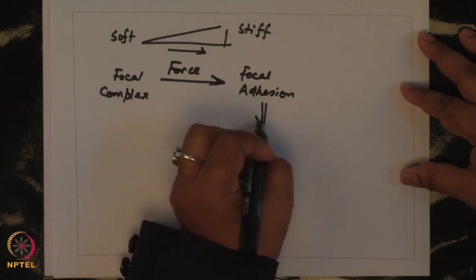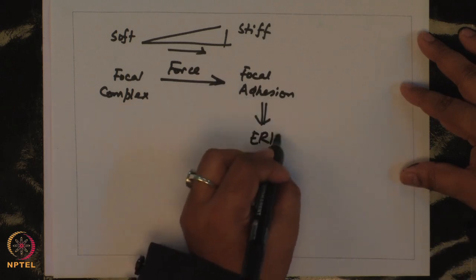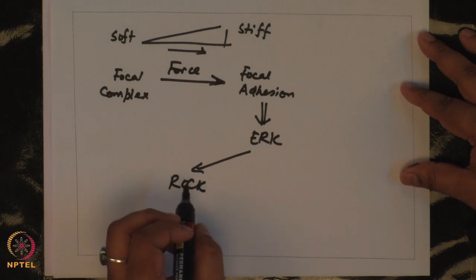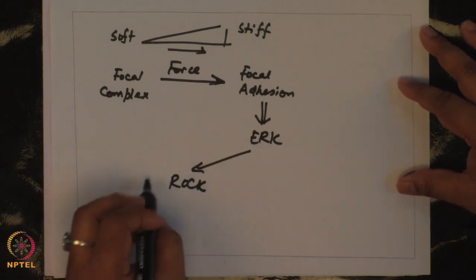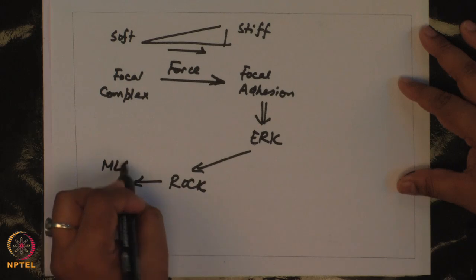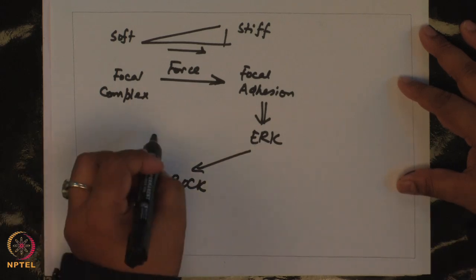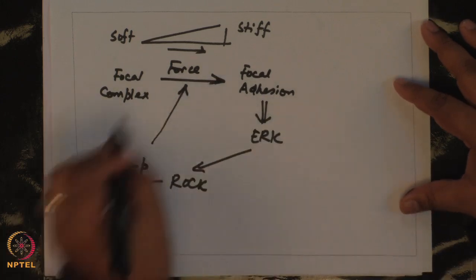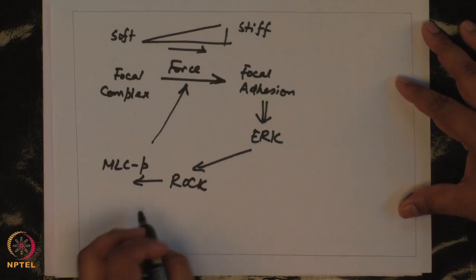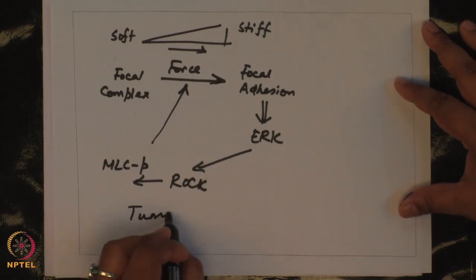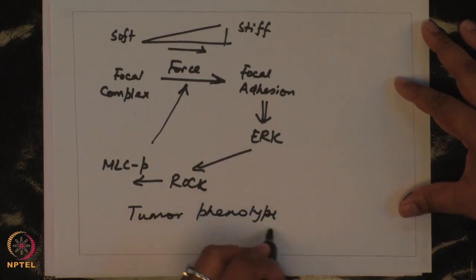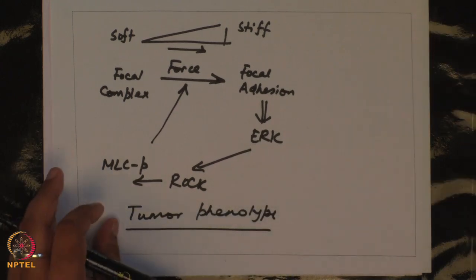These focal adhesions drive ERK signaling. This activates ROCK, and this ROCK activates myosin light chain phosphorylation, which again feeds back to strengthening focal adhesions. So, this entire cycle is essentially leading to this tumor phenotype. It drives the tumor phenotype.